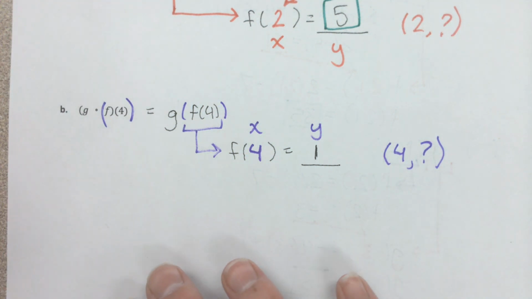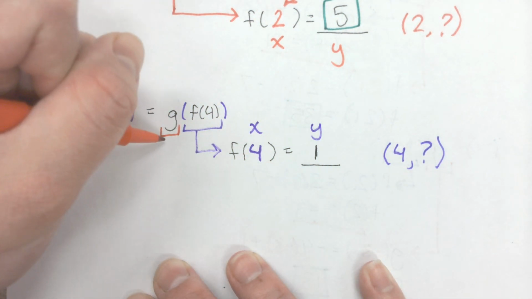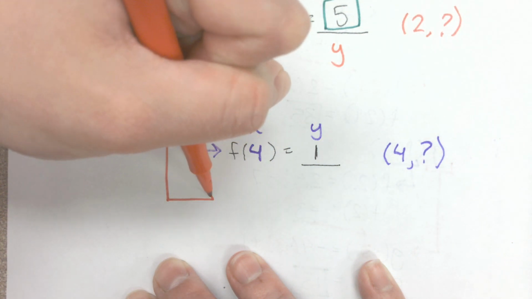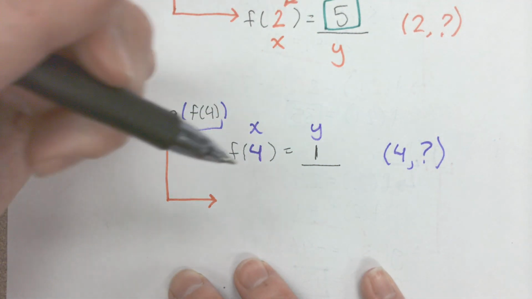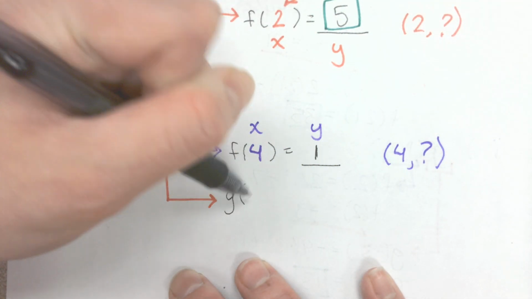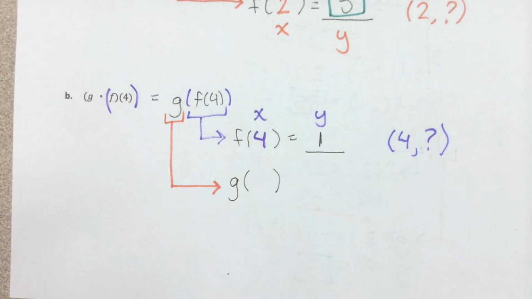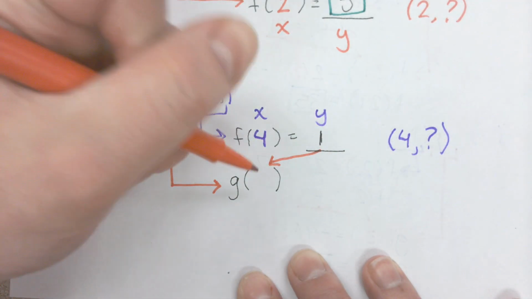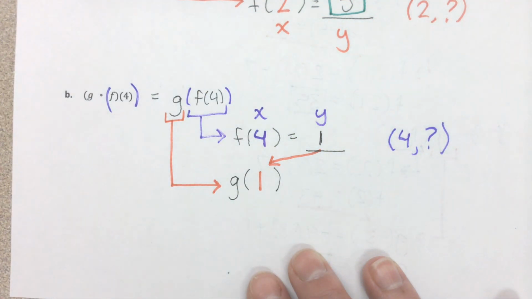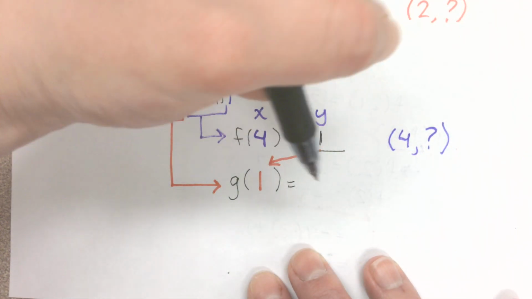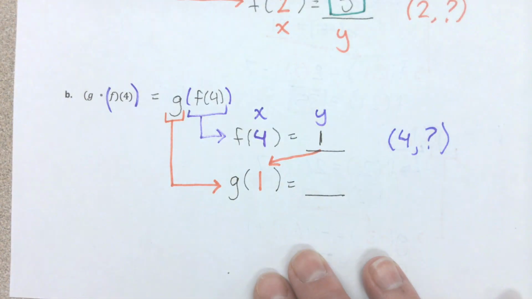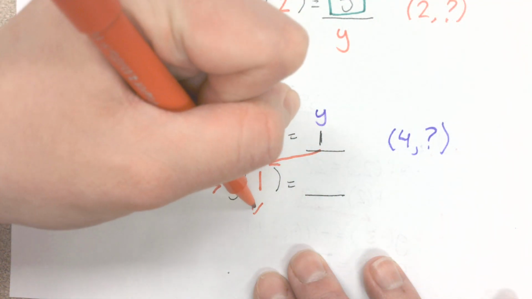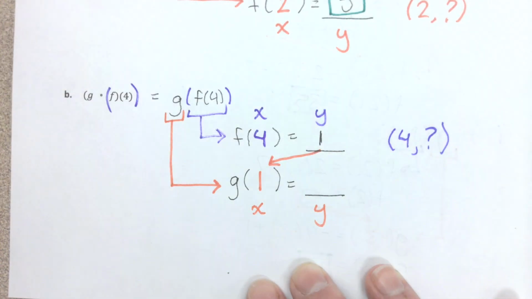And then we do that with the outside function. Bring down the g. We have g on the outside, sorry. In the parentheses, we can now drop that 1 into there. And we'll do that process again. We know x is 1, we're trying to find y.